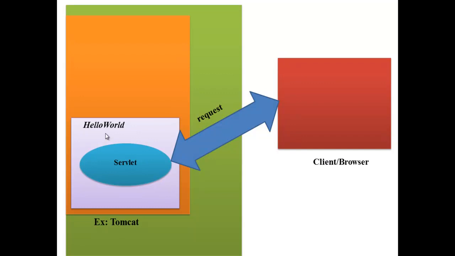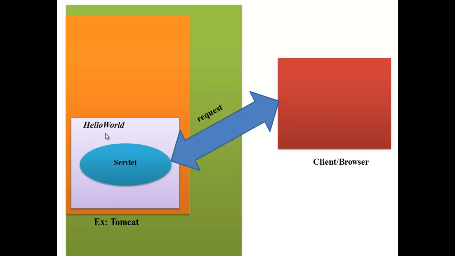Internally, the Tomcat server will create an object of our servlet when we send a request from this client. Now the Tomcat server just created a servlet object. Creating the servlet object is nothing but simply executing the statements that we have written inside this doGet method.